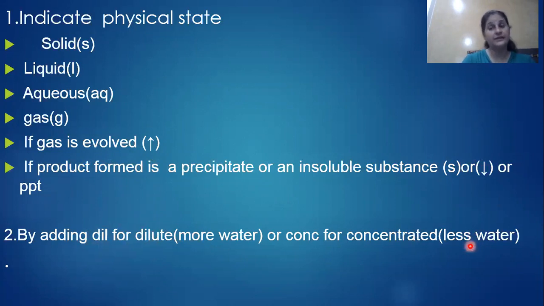If it has less water and more of that particular substance, it is said to be concentrated. Then you can write CONC. You must have heard of dilute acids and concentrated acids. Dilute sulfuric acid means the amount of acid in dilute sulfuric acid is less, and the water content is more. If it's concentrated, it has less water and more of that particular acid.